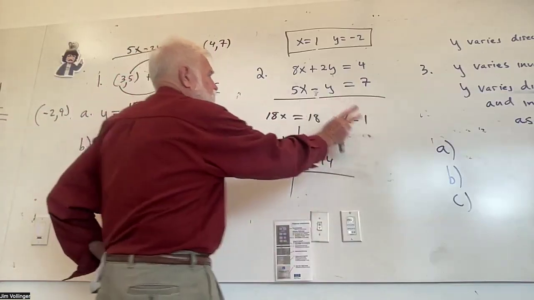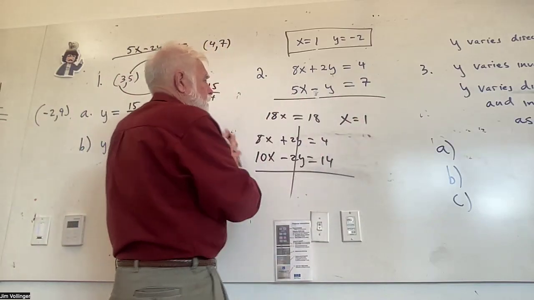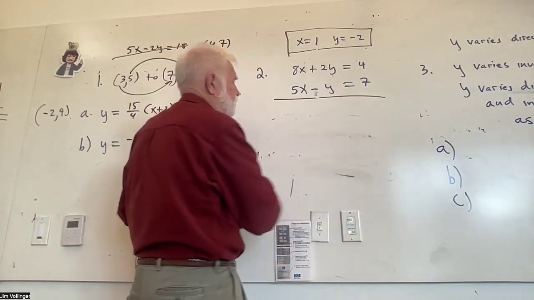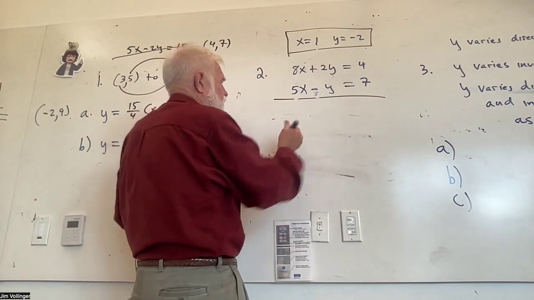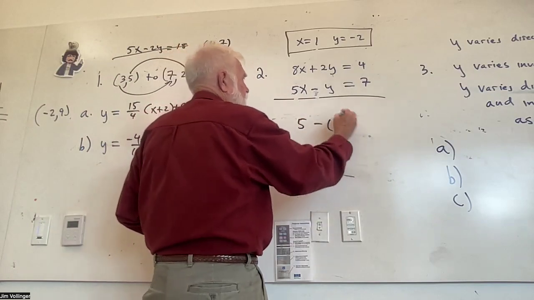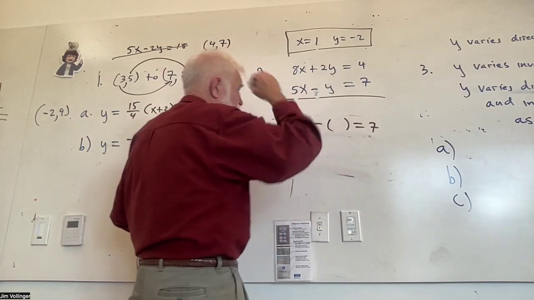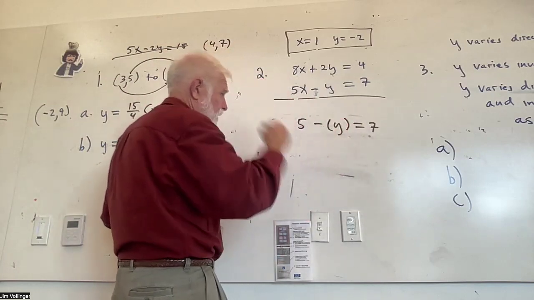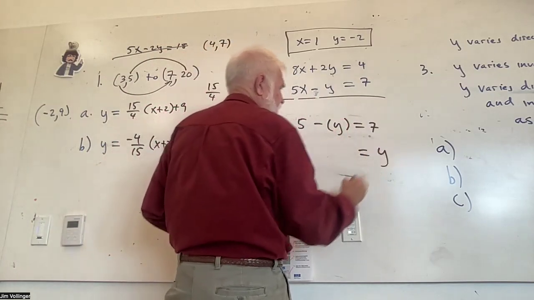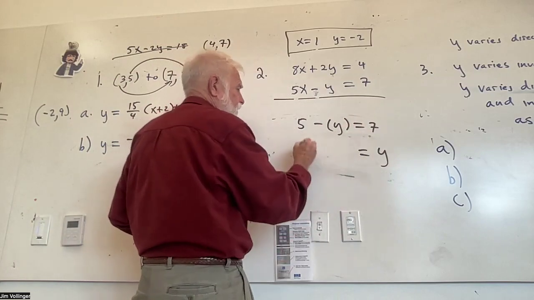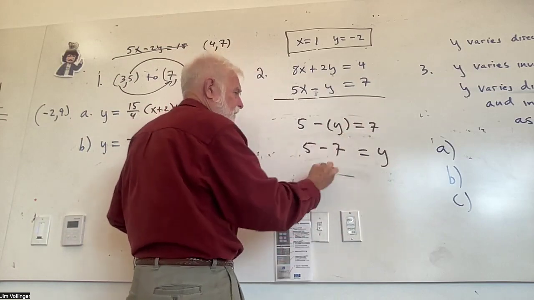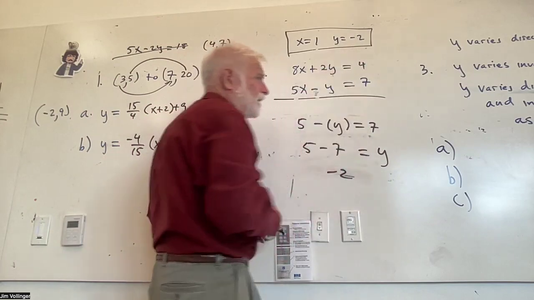So once you get an integer answer, you can plug it in, and we can look at 5 times 1 is 5, minus y equals 7. Okay, so there's my y. So I can move the minus y to the other side, make it positive, bring the 7 to this side, make it negative, and there's your -2, which is what we knew to begin.